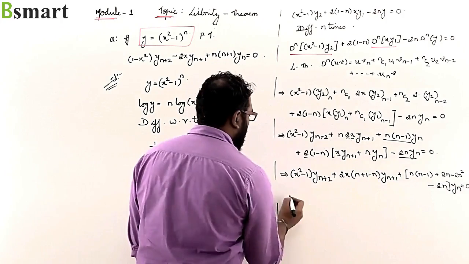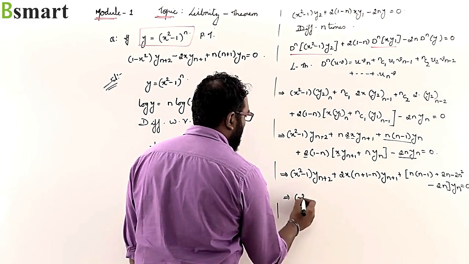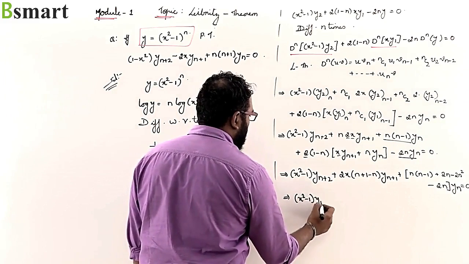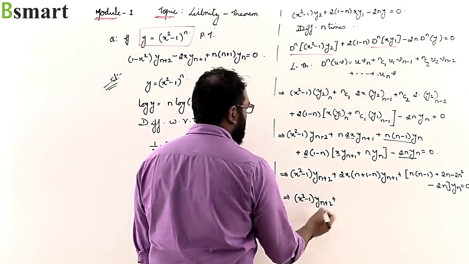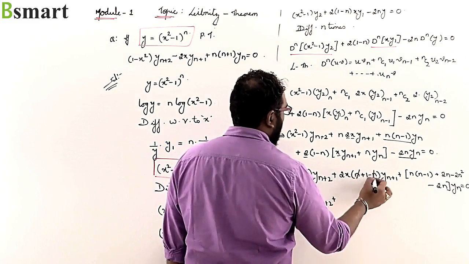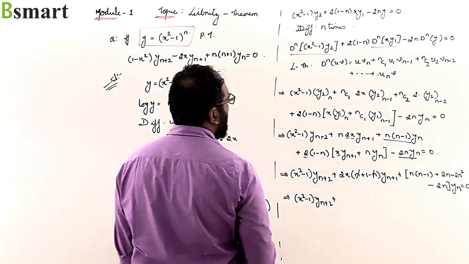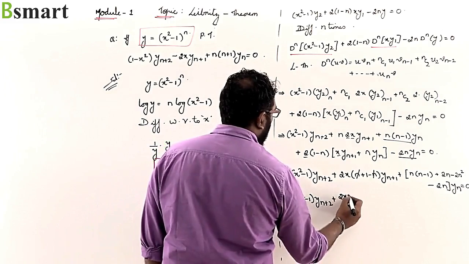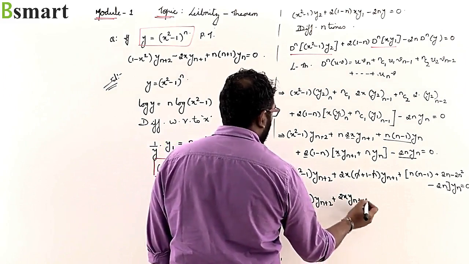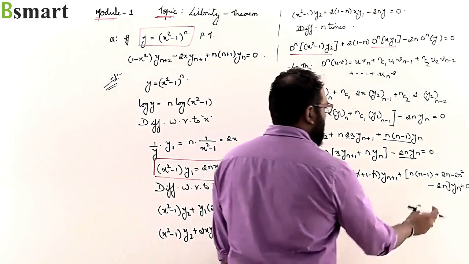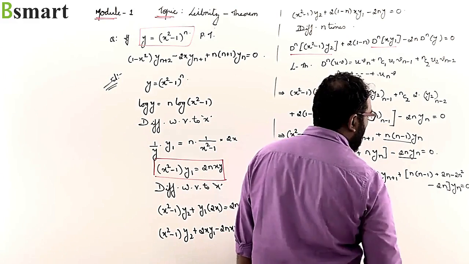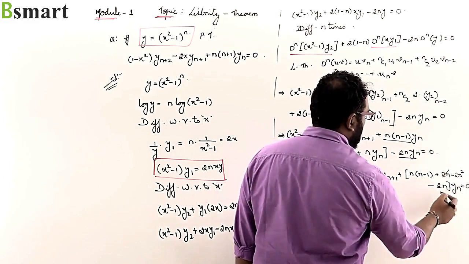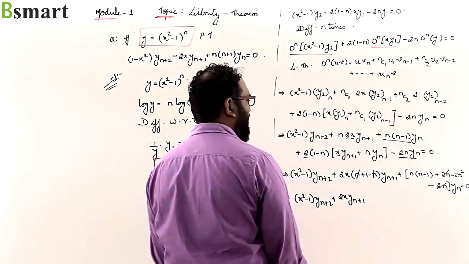So then that implies (x square minus 1) into y(n+2) plus, in this one, n and n will get cancelled. So we will be left with 2x into y(n+1), and again here, from all the terms we can take out n common, so plus 2n minus 2n will get cancelled.